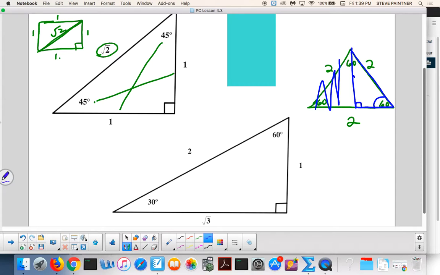Cut the other 60 and this is your 30. The hypotenuse is 2. Guess what this side is? 1, half of that. Then they did the Pythagorean theorem and got square root of 3 here. I'm not sure if you care, but I care. I want to know where these numbers came from. That's where they came from.